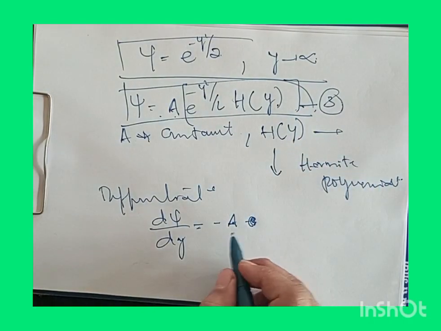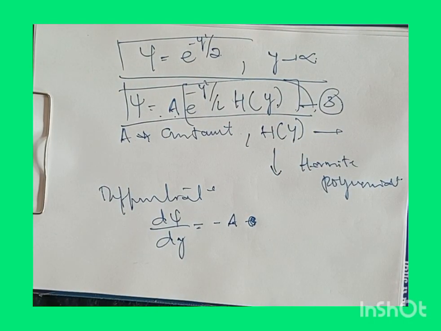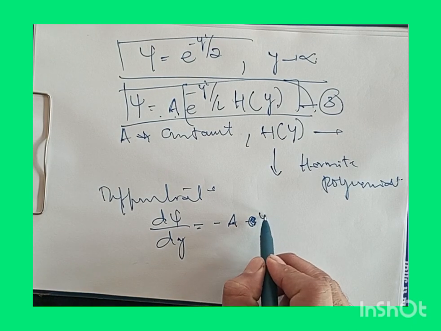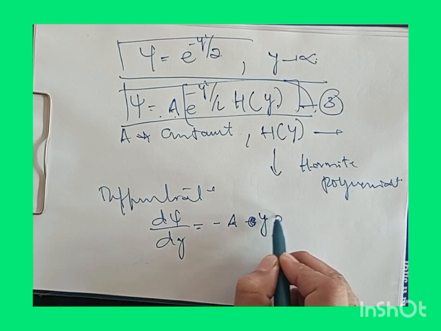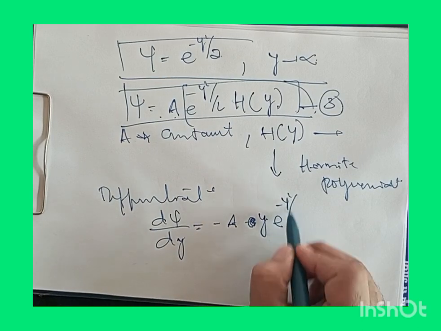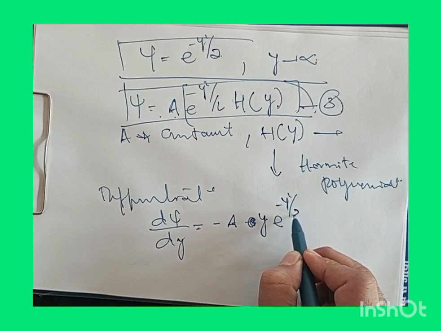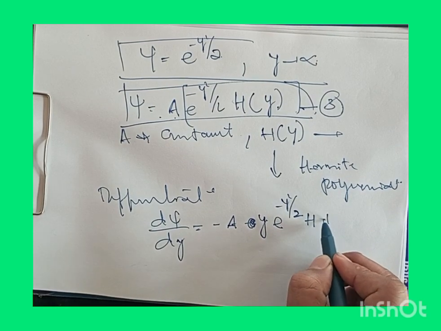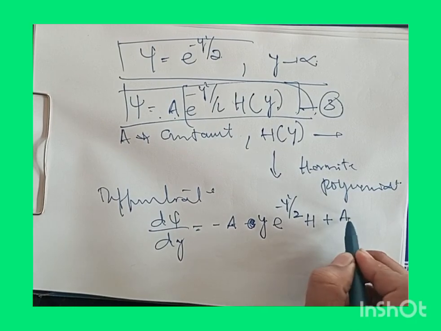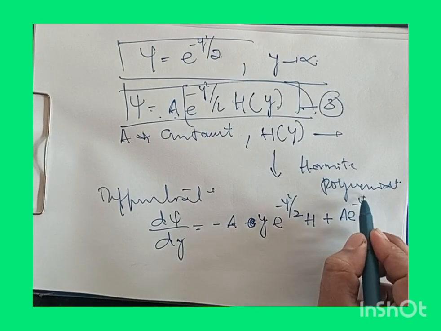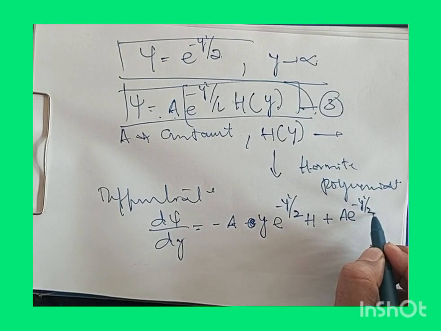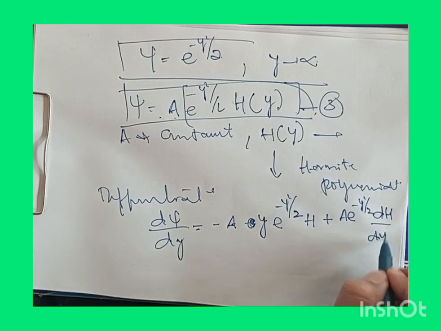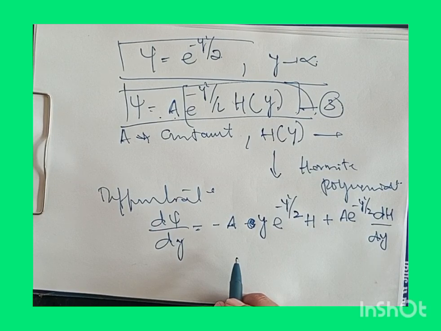So I will have y e to the power of minus y squared by 2 times h, then plus a e to the power of minus y squared by 2 times dh by dy. That should be the case.